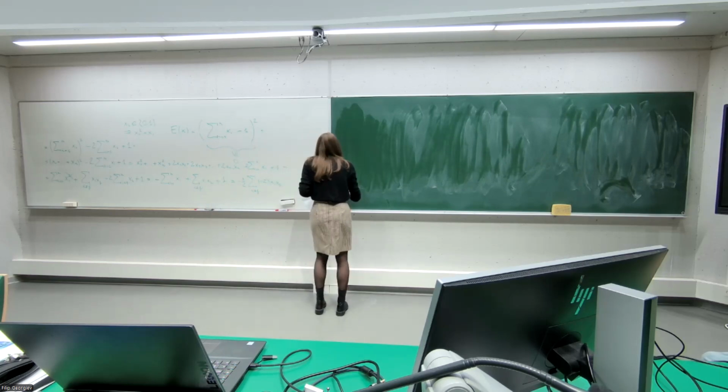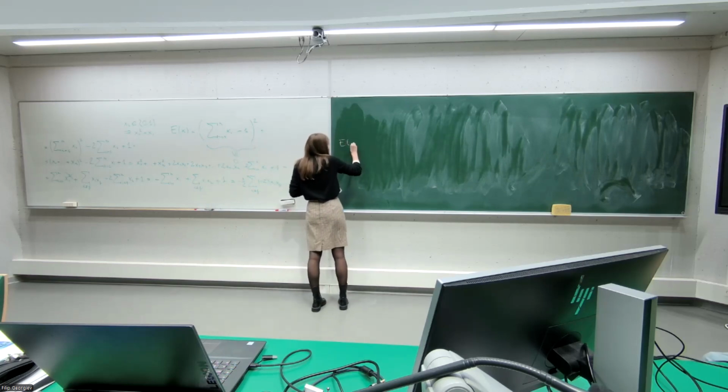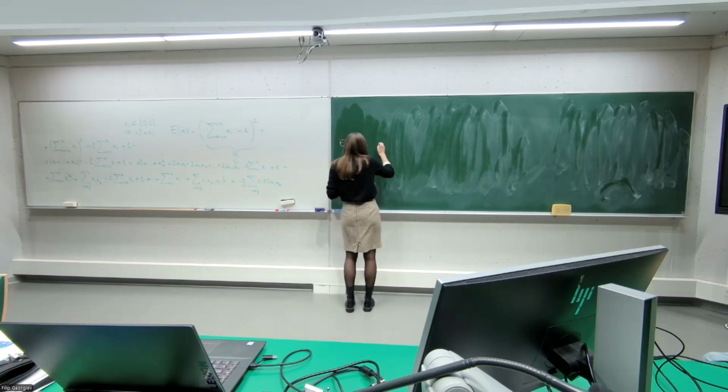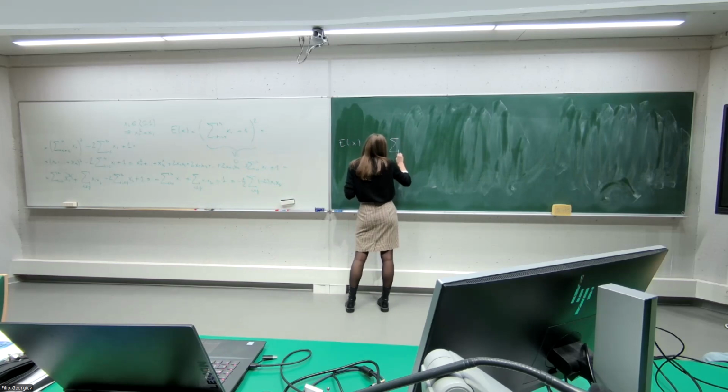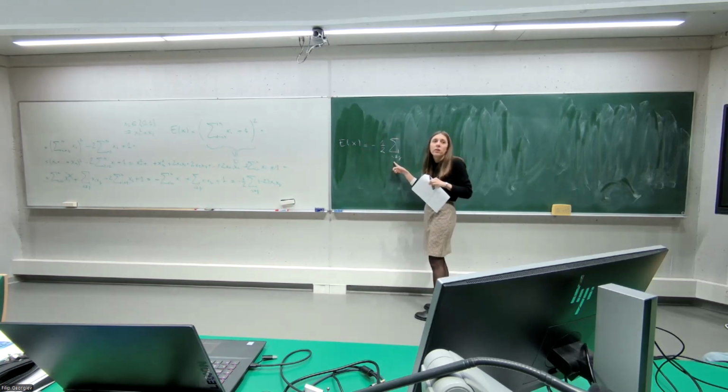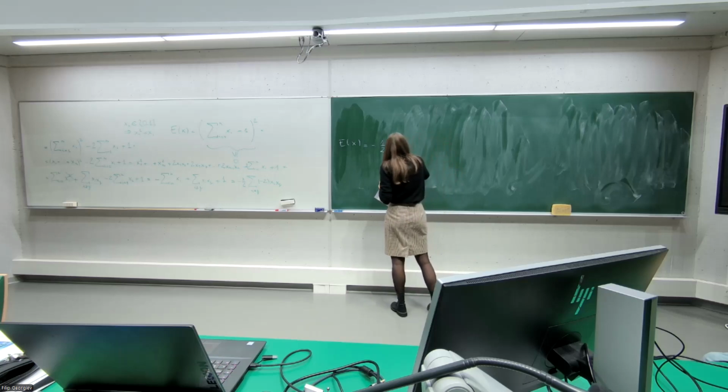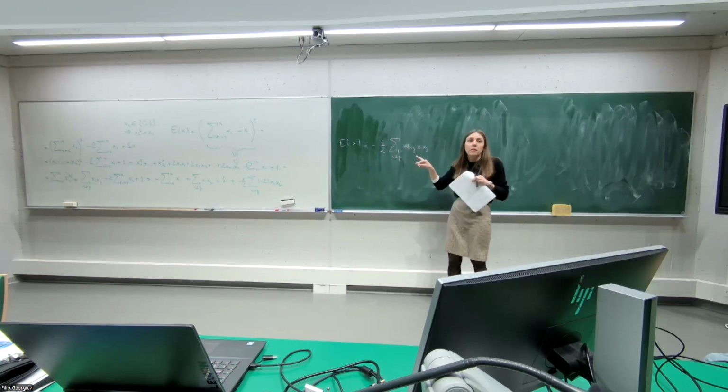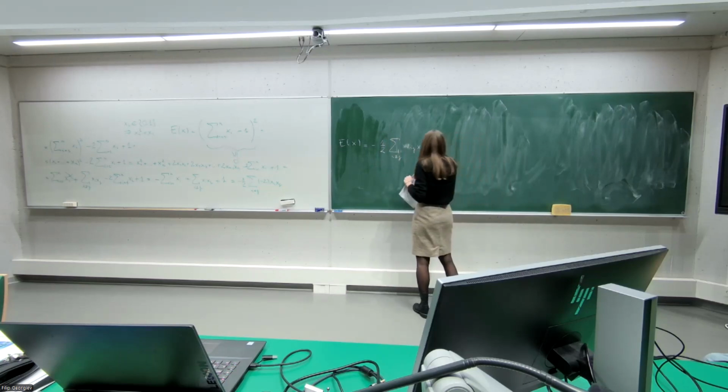Let me recall the definition of the energy. I is different from B just because the diagonals are zeros. And I'm also using the fact that it's symmetric, because I can switch in this.